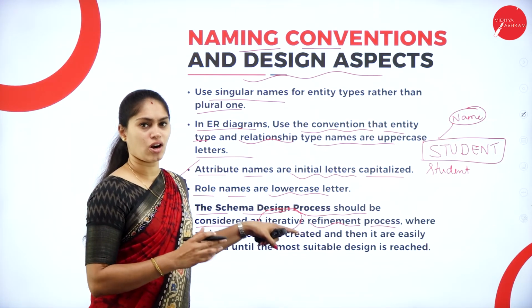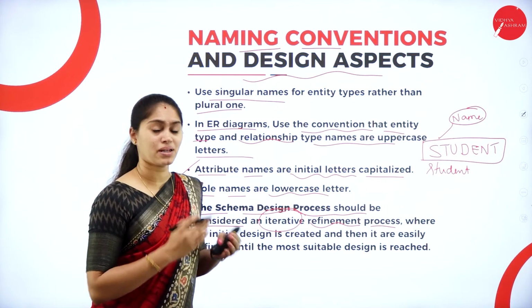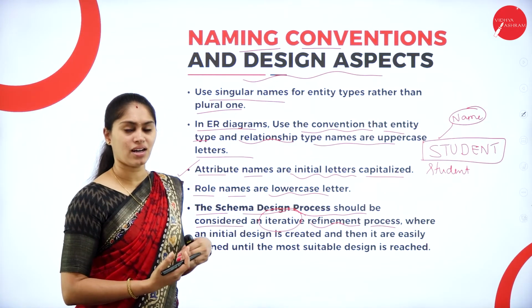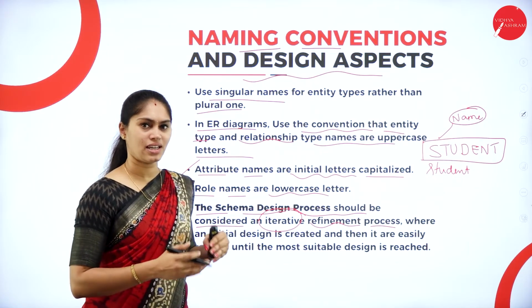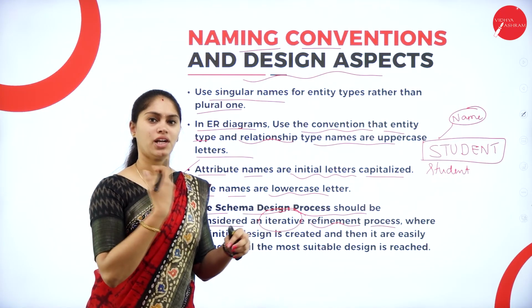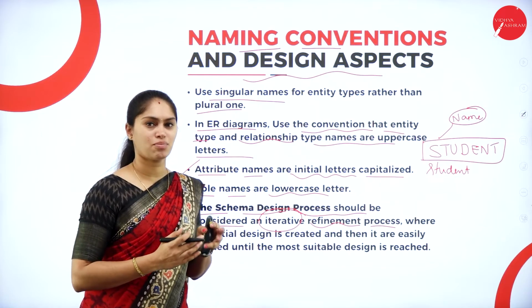In a single shot, or at a particular time, we can't develop a complete ER diagram. First, you have to write a schema. Based on that, we are going to write the ER diagram. But that ER diagram is not yet finalized. If I wanted to add any content, or remove existing content, it must be flexible.